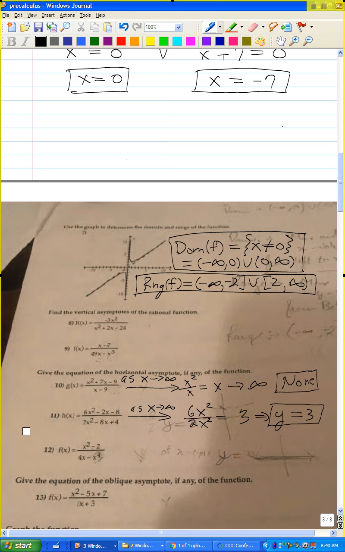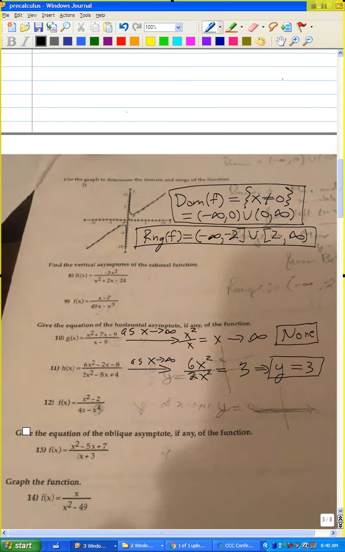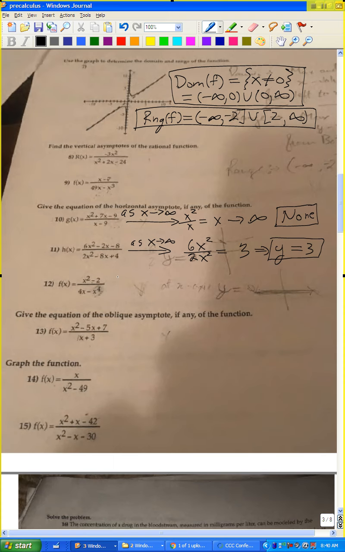Okay, so let's look at this. As x goes to infinity, x squared minus 2 approaches x squared. 4x minus x to the fourth goes to negative x to the fourth.